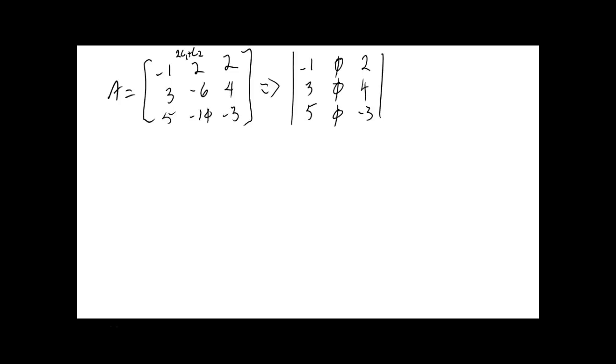Now, can you tell me anything about the determinant of that matrix now? That's all we're looking for, is to find the determinant. What would be the determinant of that matrix in that form? Okay.